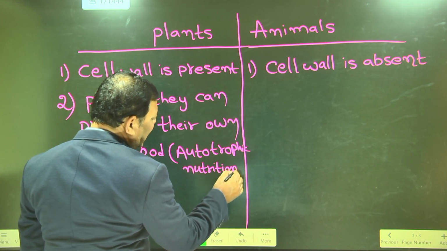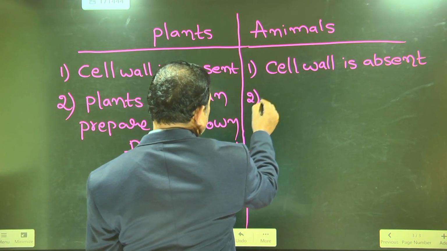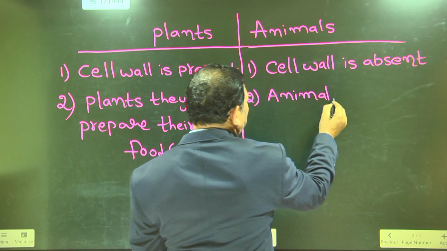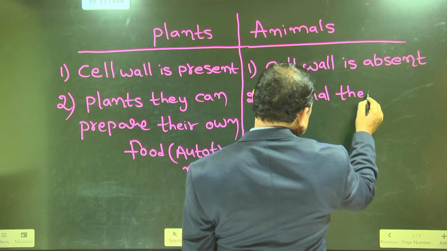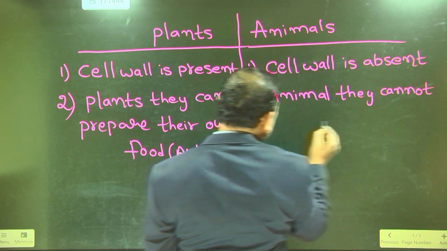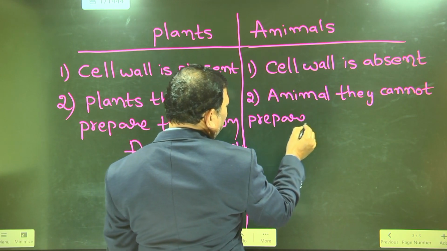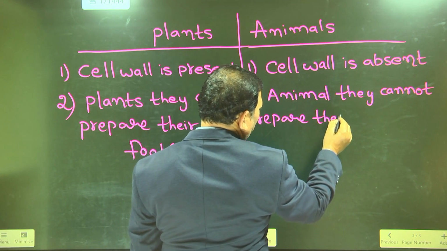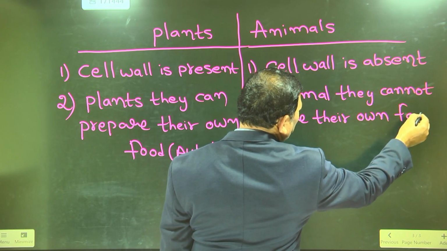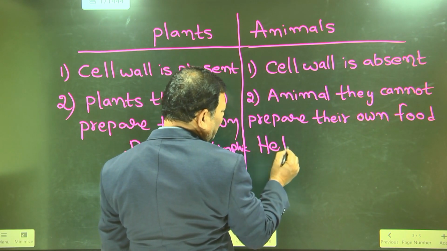But animals cannot prepare their own food. That is why animals are called heterotrophic.